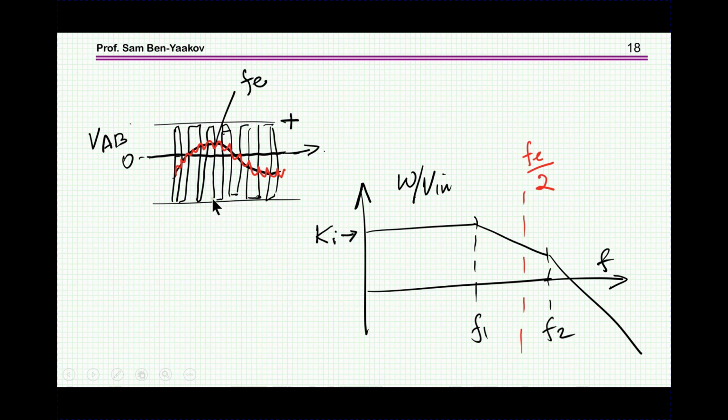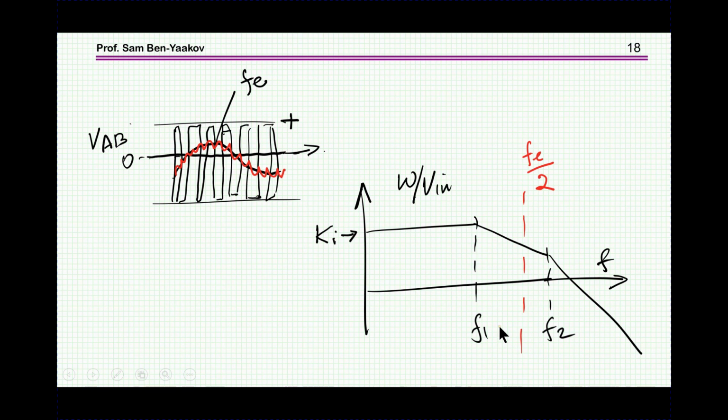Now, you are limited by the modulation frequency of the inverter. That is, the inverter has a basic switching frequency, and therefore, according to the Nyquist sampling criterion, you cannot produce with this sort of sampling system a frequency which is higher than half the switching frequency.